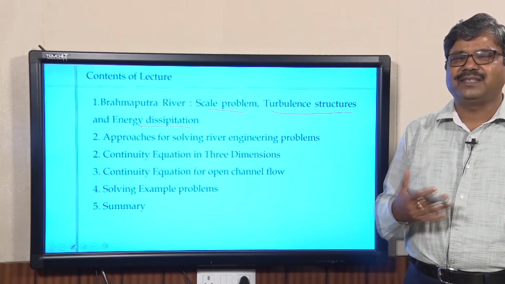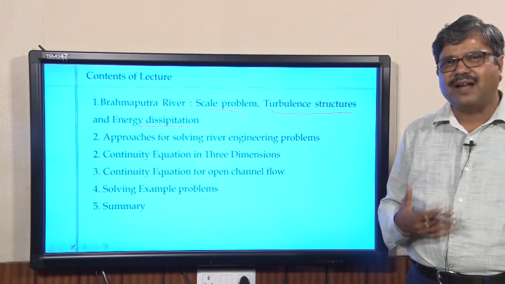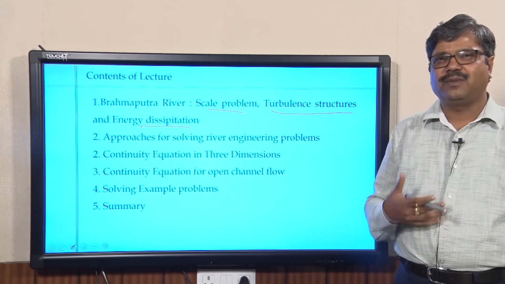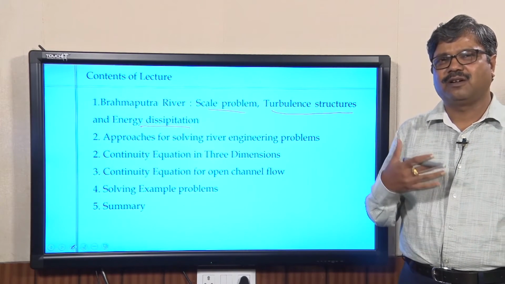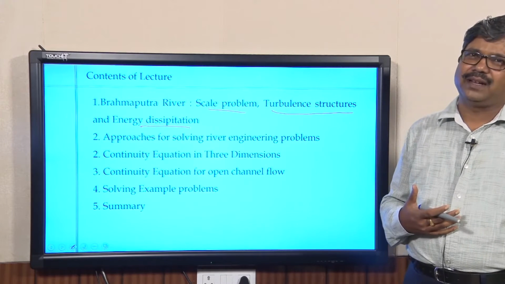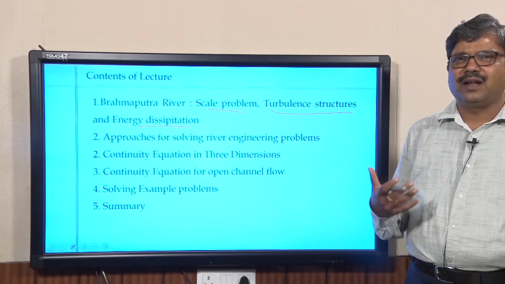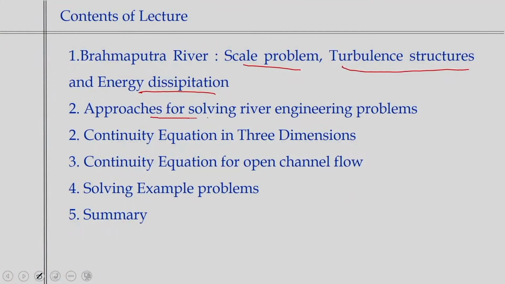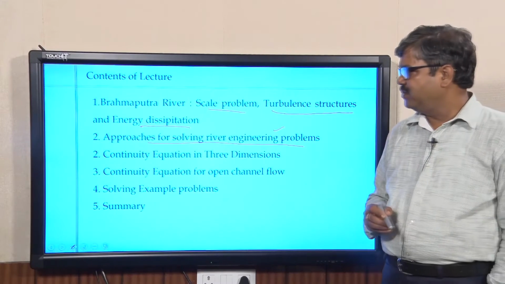Before deriving the basic equations, let us learn how complex the river flow is in terms of hydrodynamics, sediment transport, and nutrient transport mechanisms in a natural environment like a river. That is what we will discuss in more detail, how we can solve these river engineering problems.